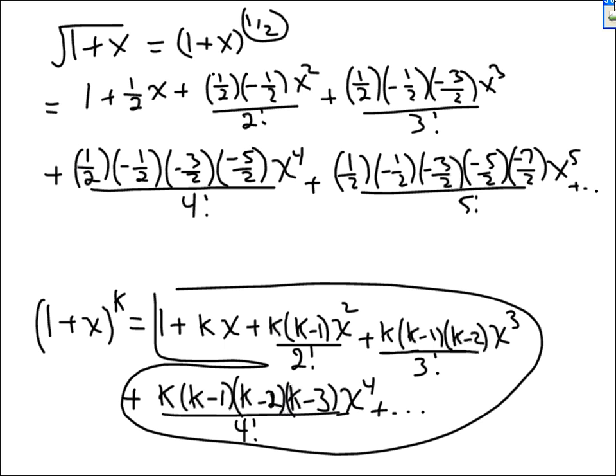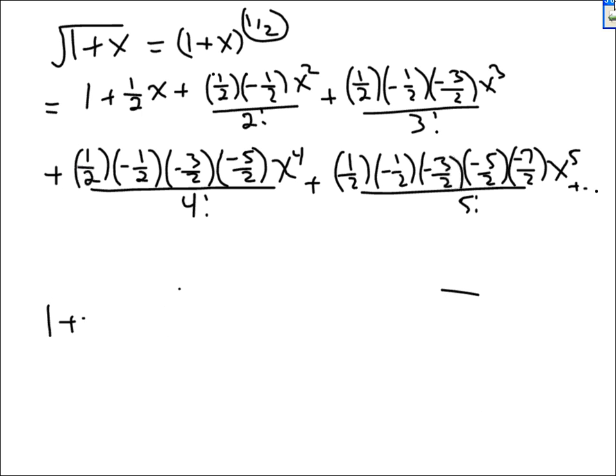Now, let's see what we are getting. We get 1 plus our half x, and then in the numerator we have 1 minus sign, so it makes it minus.